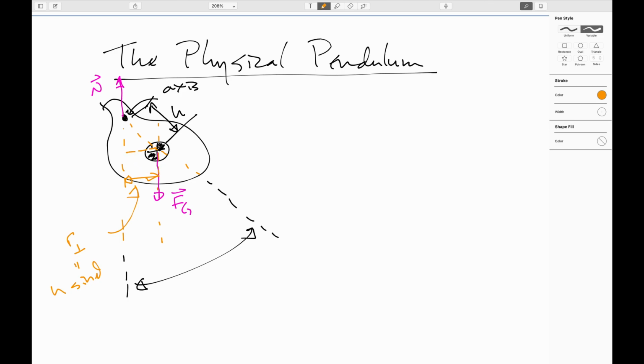What we're looking at right here is this piece right there. This is my theta. That's the opposite. h is my hypotenuse.